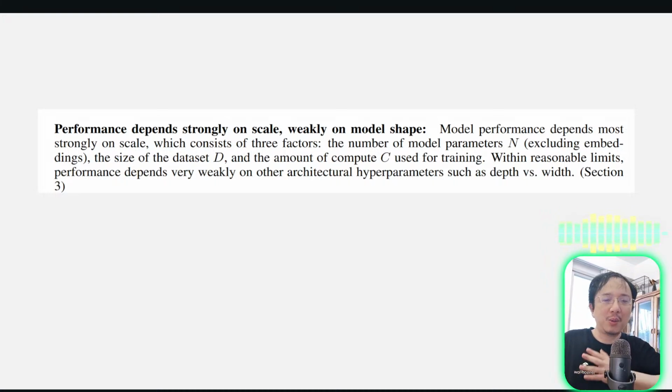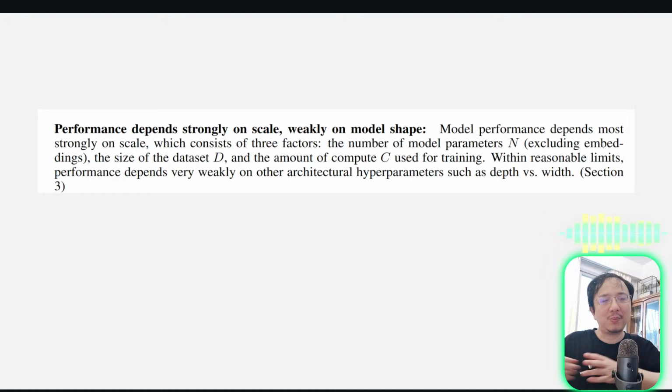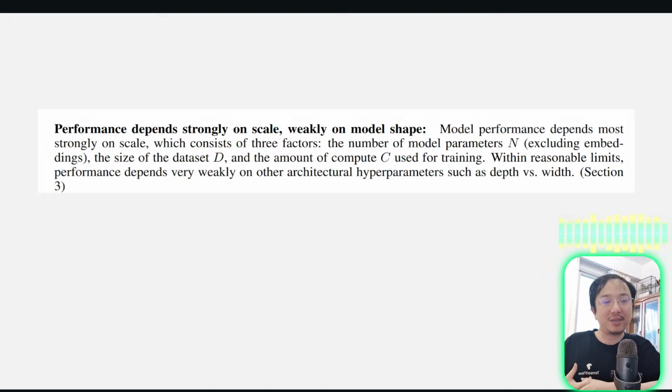People may argue that the deeper the better, or that we should have a shallower but wider model, or that there is a sweet spot in the ratio between depth and width. But the empirical results indicate that this effect is minor.